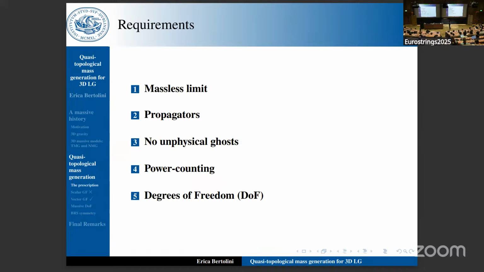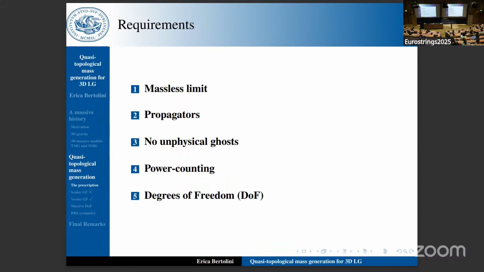So we started with some requirements for the theory. We want a well-defined massless limit that gives us the linearized gravity term with proper sign. We want propagators to be well-defined in the massless limit and to have massive poles, and no physical ghosts should appear in the theory.